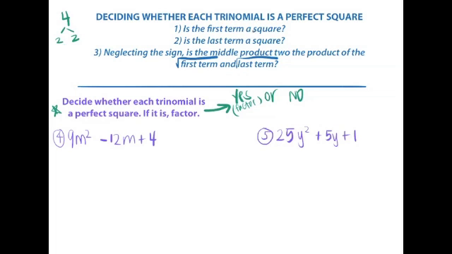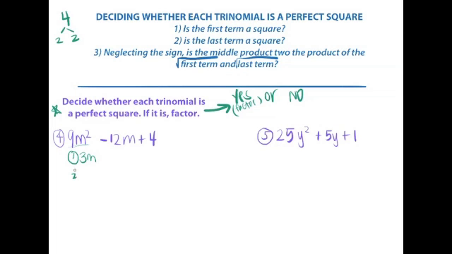The number has two other numbers that multiply together to get it, and they have to be identical numbers. So here we go, let's look at number 4. We want to look at the first term. So first term means this one. Can you take a square root of it? Yes, right? That square root is 3m.